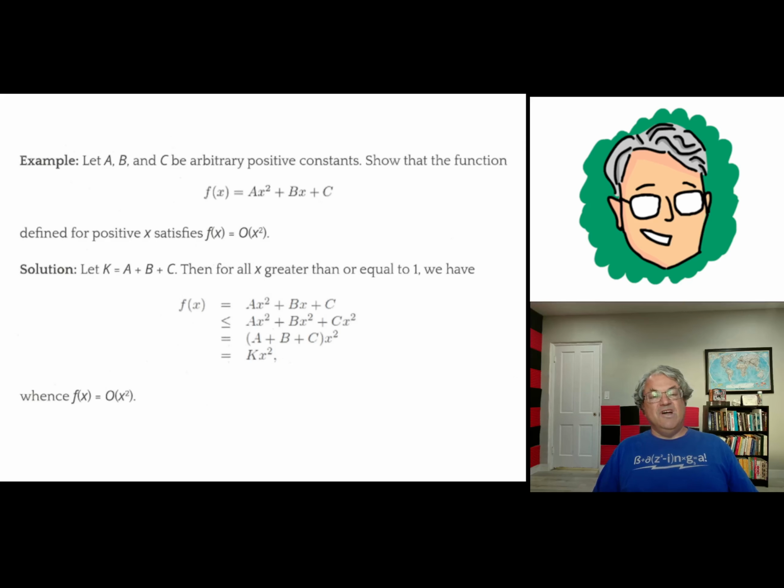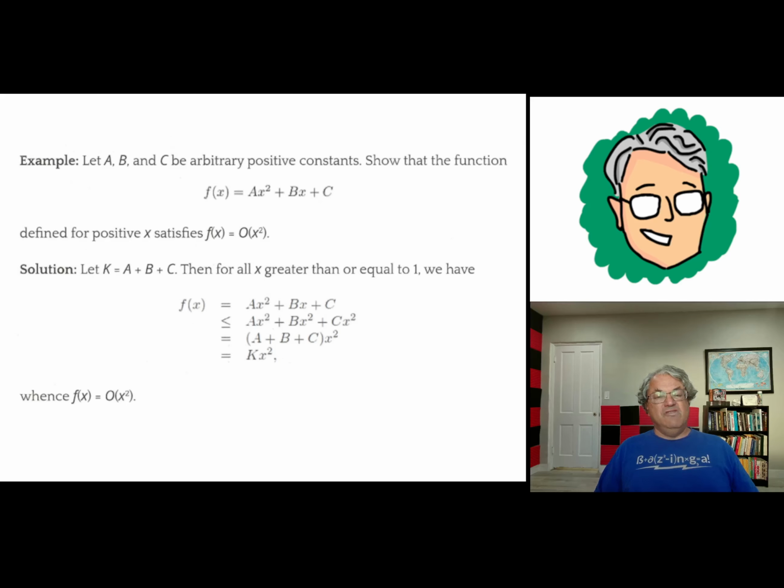We just take a large value of x, and if x is bigger than 1, then ax squared plus bx plus c is less than or equal to ax squared plus bx squared plus cx squared. Here I'm assuming a, b, and c are all positive, otherwise you have to take their absolute values. But then you can just factor out a plus b plus c and make that our constant k. So this is bounded by a constant k times x squared. So this time we say f of x is O of x squared.